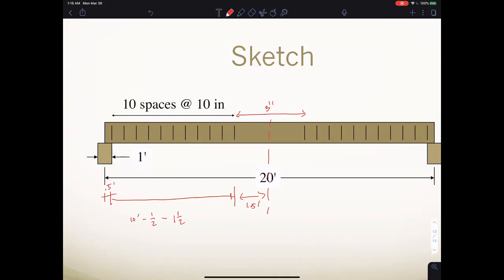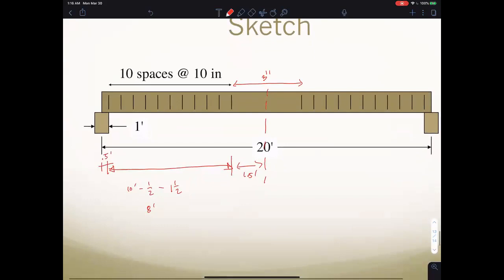And so this distance here is 10 minus a half, that's 8 feet. Okay, and I need to divide 8 feet by 10-inch spacing. So 8 times 12 over 10 equals 9.6 spaces. Well, it has to be an integer, so 10 spaces.